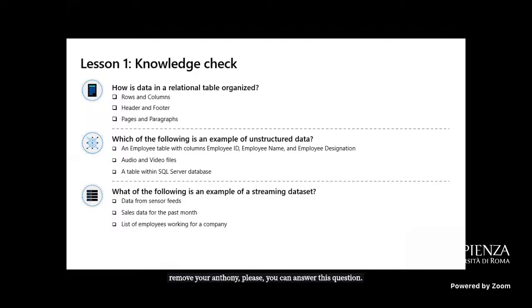Which of the following is an example of a streaming data set? Oh, okay, Tim is not answering. Adiremi, you can answer, please. Data from sensor feeds. Okay, thank you very much, everybody that participated.